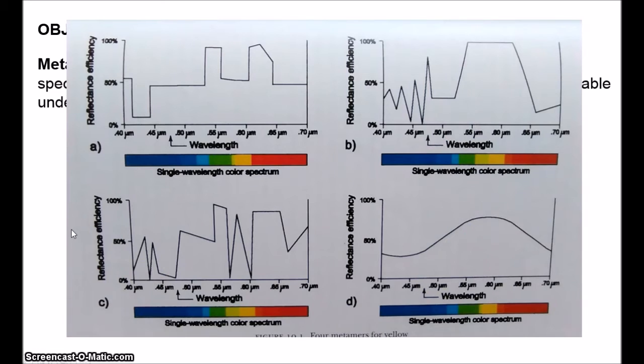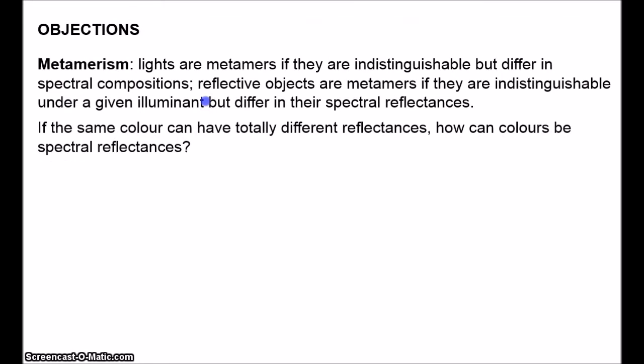Very, very different. So some metamers match under a very wide range of illuminants, but they can differ significantly in their spectral profiles. So the question is, how exactly can we identify colours with spectral reflectances if the same colour can have completely different spectral reflectances?